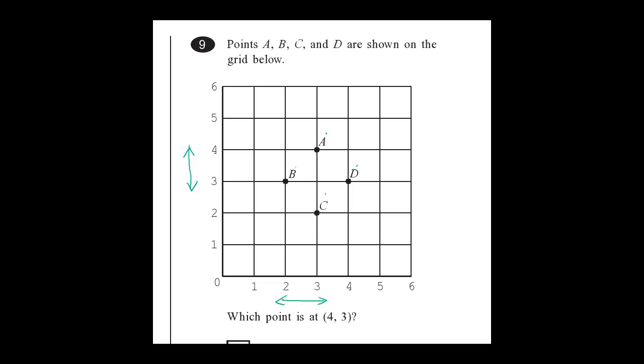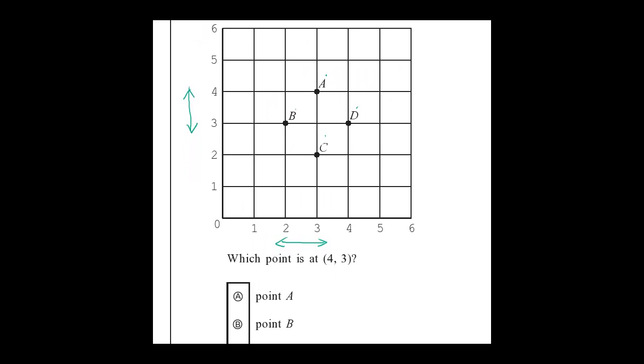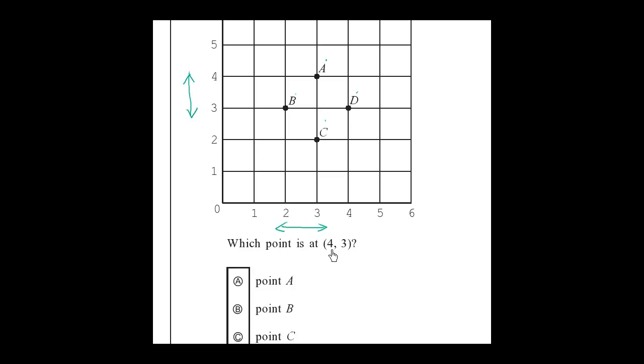Now, when we look at the information given, we are given these 4 points, A, B, C, D, and we're asked to figure out which point is at 4, 3.